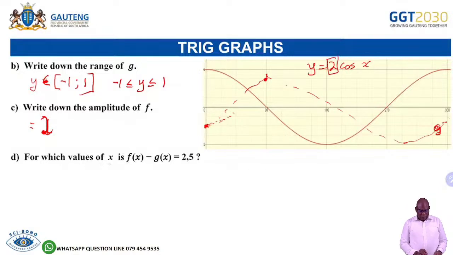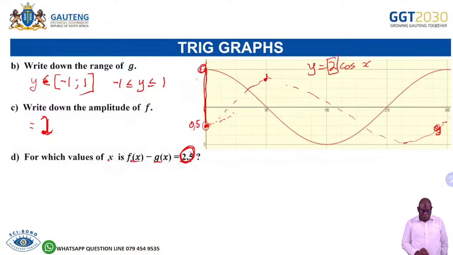For which values of x is f of x minus g of x equal to 2,5? In other words, that graph here is at 2, and the g graph is at 0,5. Where will the two graphs subtracted together give us 2,5?